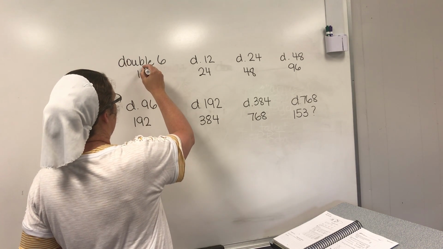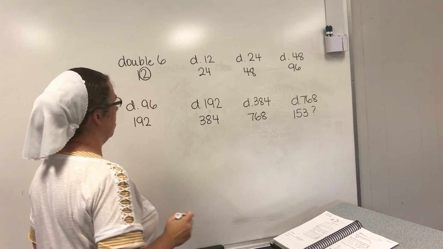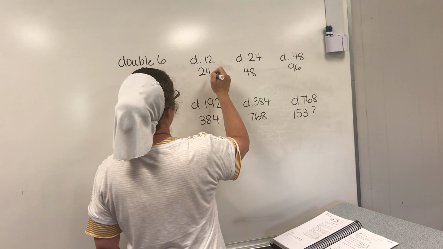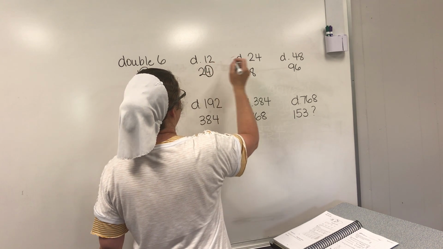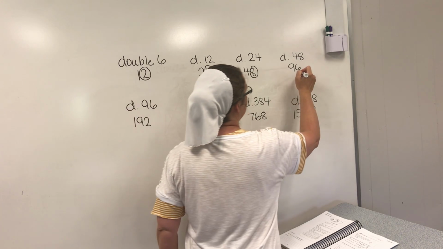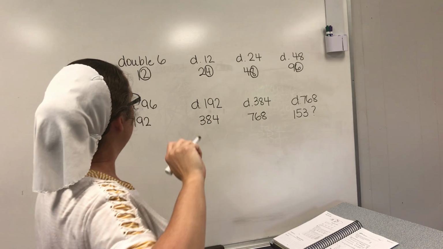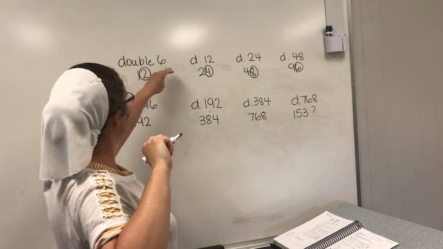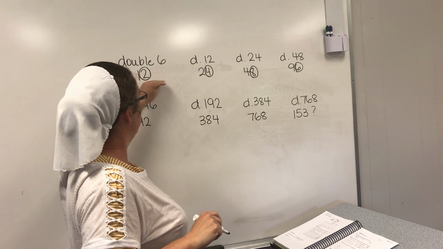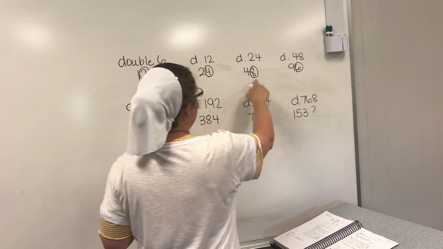Okay, look at this back number, the ones place in the numbers. All right, so we have a 2, then we have a 4, and then we have an 8, and we're back to a 6. Now, if you think about it, a double 6 is 12. Double 12 is 24, and look at your patterns, 2, 4, 8, 6.